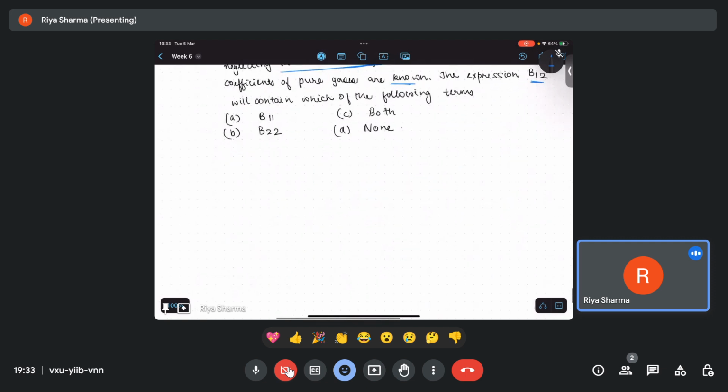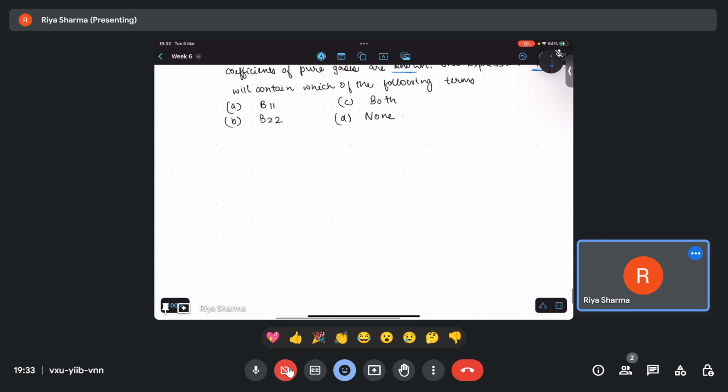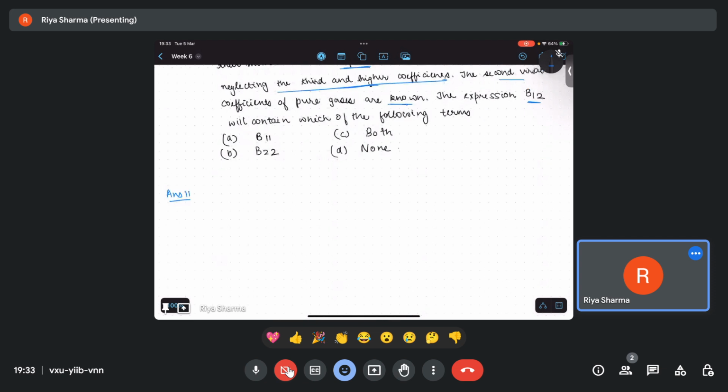You'll understand the question. So what is given to you? We have been given a few things: volume, temperature, N1 moles of gas 1.